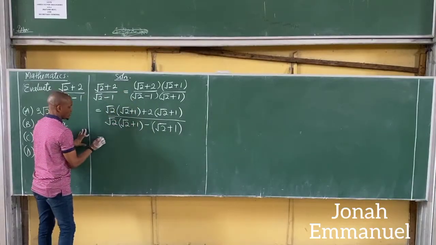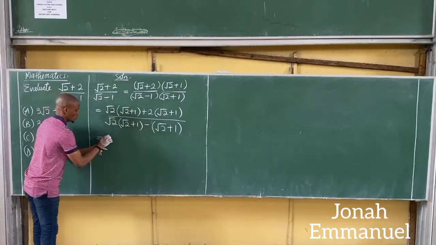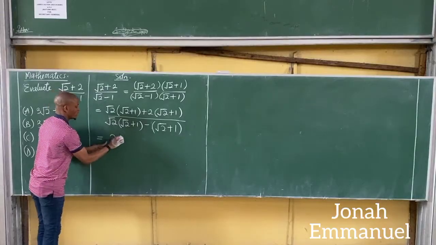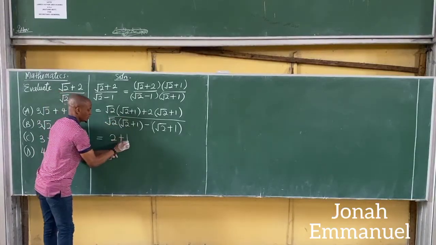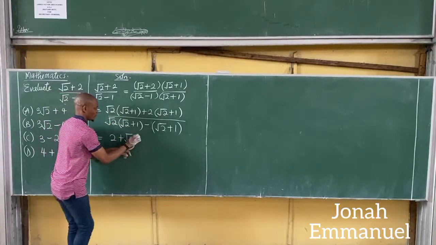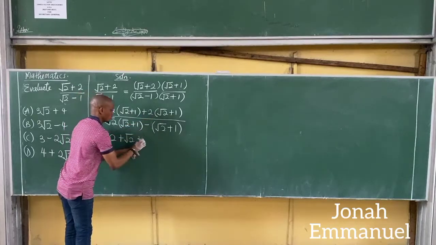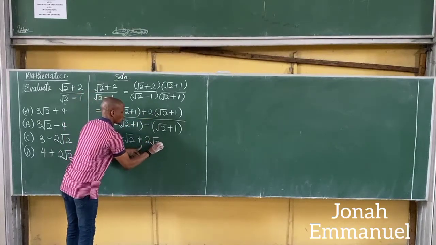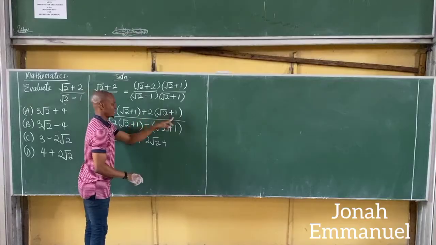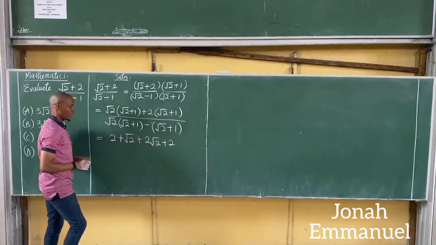So this is now equal to root 2 times root 2, that's 2, plus root 2 times 1, that's root 2, plus 2 times root 2, that's 2 root 2, plus 2 times 1 is 2. I have this.